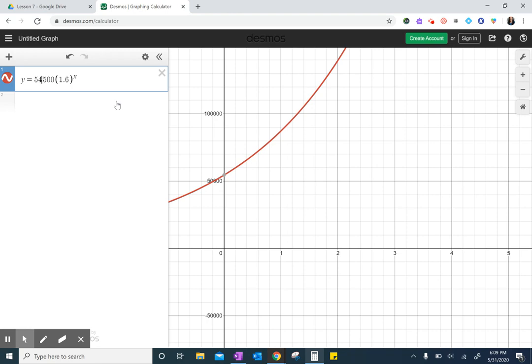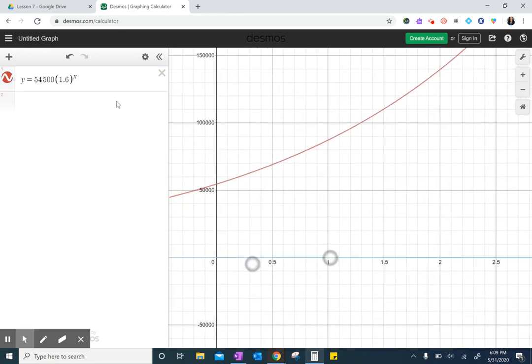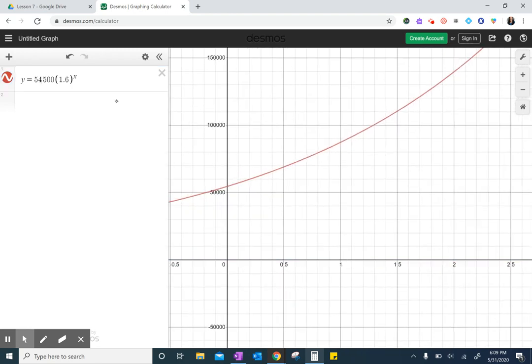I'm starting to see the curve. They want you to estimate it at 0.5. So I'm estimating, this is 100,000, this is 50,000. So at 0.5, we are right here. So that's 75,000? Did I do that right? 50, 60, 70, 80, 90, counting by 10,000. 70, okay, you know what? Let's call it just under 70,000.